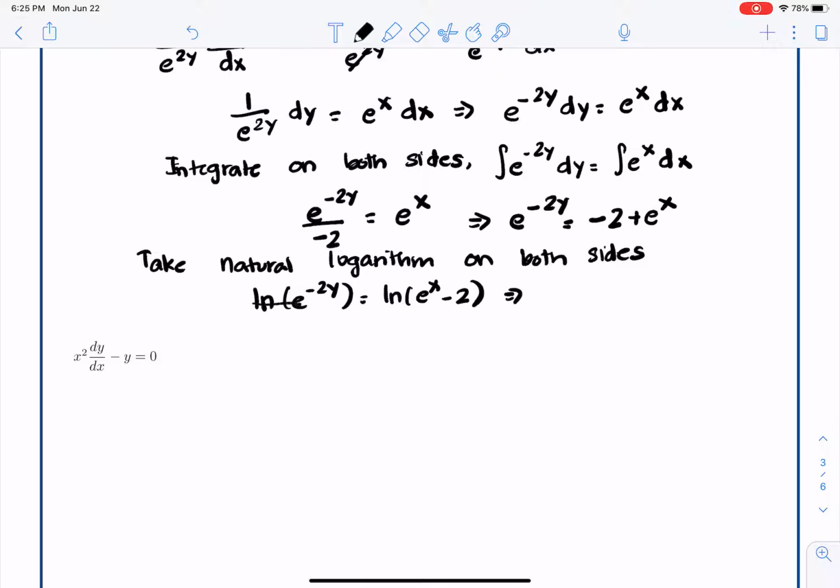The natural logarithm and the exponential will get cancelled, so you have negative 2y equals ln e raised x minus 2. Divide by negative 2, so we have y equals ln e raised x minus 2 divided by negative 2 plus the constant c.